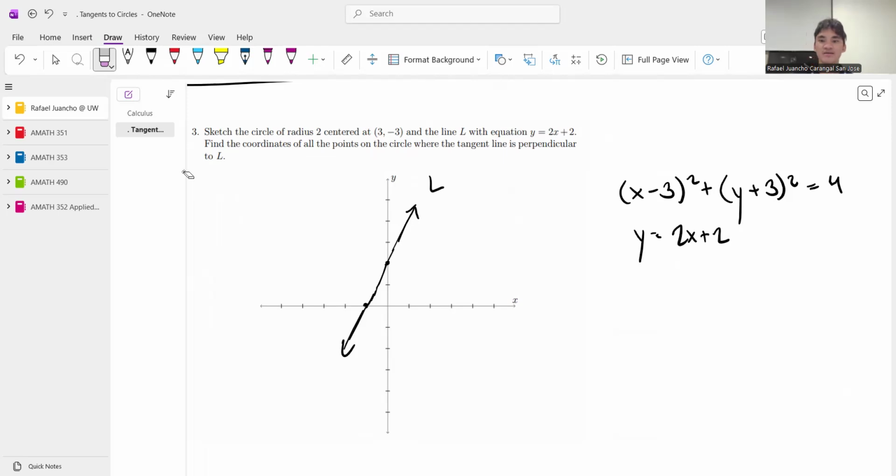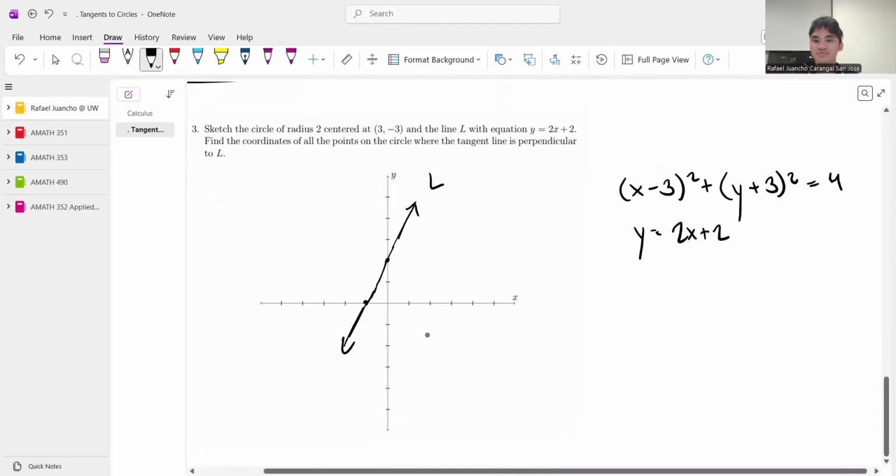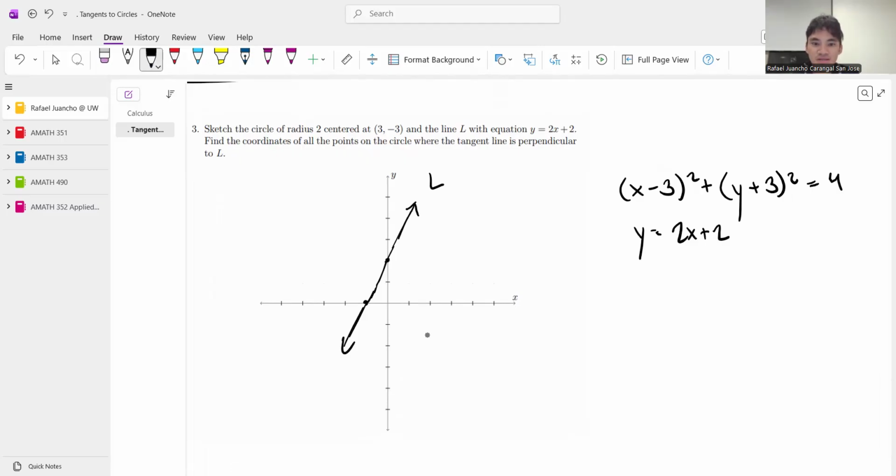Now I need to sketch my circle. So my circle has a radius of 2, and its center is 3, -3. So I need the center first.